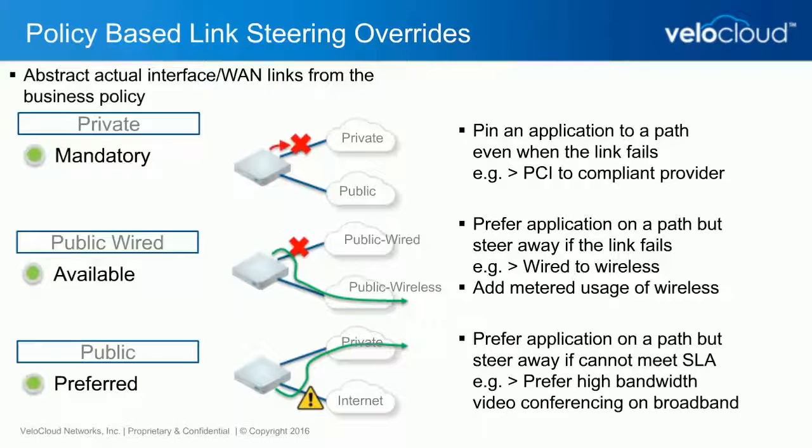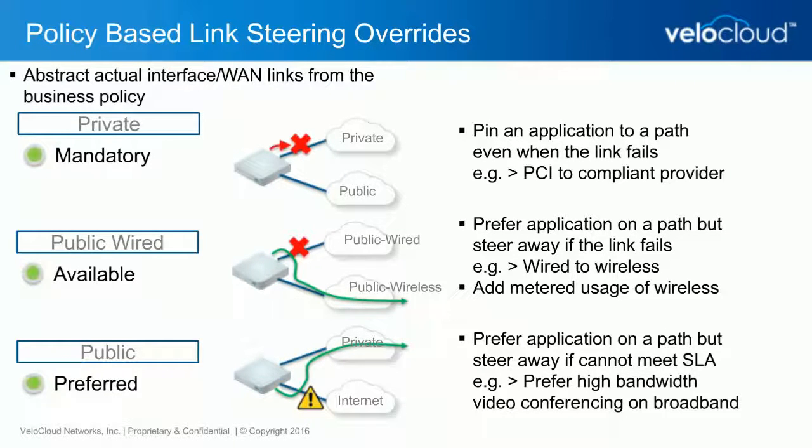as an extended policy. And the third type of nice enhancement is to make the decision based not just on whether the link is available or not available, but based on the SLA of the link. So in this case, for example, if I have high bandwidth video, I would prefer to send it across the high capacity broadband circuit, as long as that broadband circuit can carry a good performance for my video.